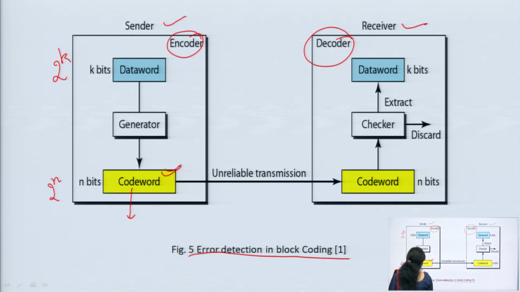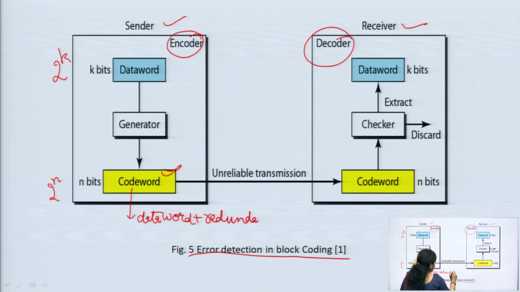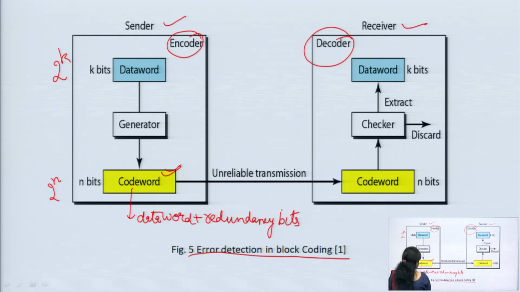This code word will consist of the data word plus the redundancy bits. So, n is equal to k plus r, this will be the code word.